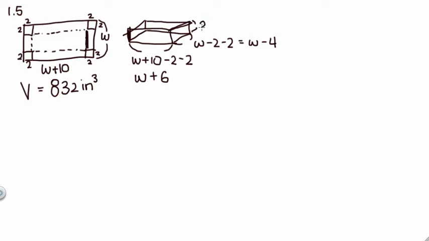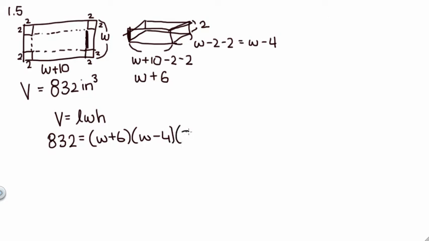And the height is just going to be 2 inches because we folded along those cuts. So it's going to be 2 inches tall. Now putting that all together, volume is length times width times height. So plugging in values that we know, 832 is equal to W plus 6 times W minus 4 times 2.